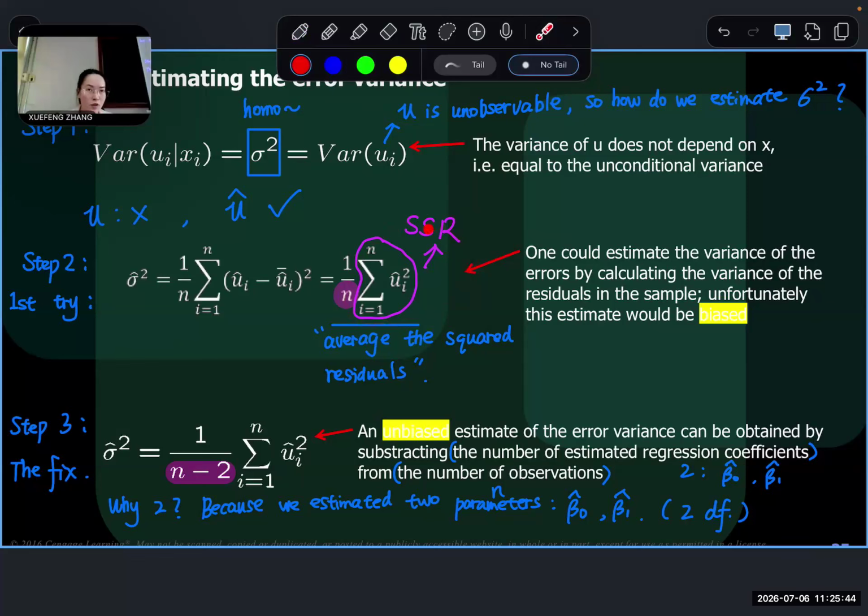We want to get the estimate of sigma square, but this is biased. Why? Because we used beta 0 hat and beta 1 hat, which are two parameters. This is our degree of freedom, right? So we need to use n minus 2 instead of n in order to get the unbiased estimator for the variance.